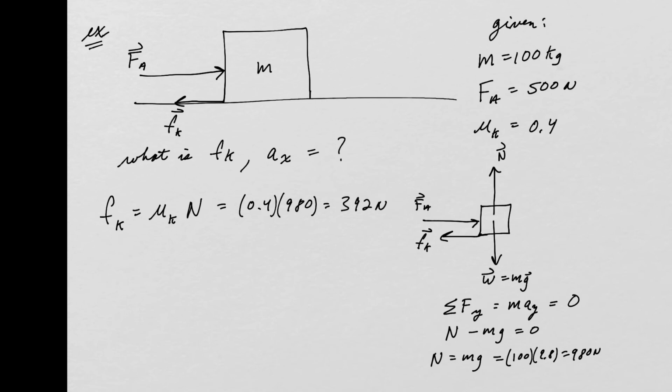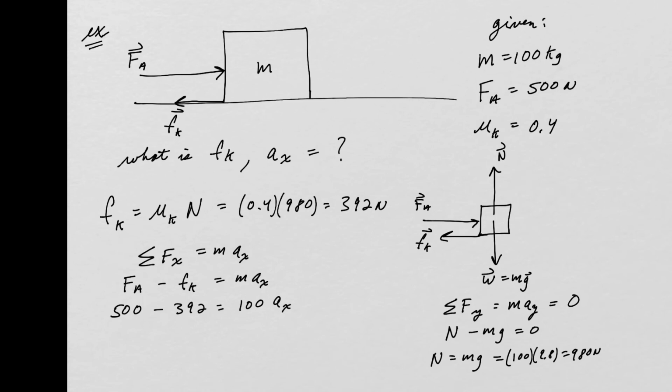Now I want to figure out the acceleration. So I apply Newton's second law to the x direction. The sum of the forces in the x equals m a_x. What are the forces acting in the x direction? I have Fa, which is positive, and then minus Fk, because it's negative, equals m a_x. Fa is 500, Fk is 392, and that has to equal 100 times a_x.